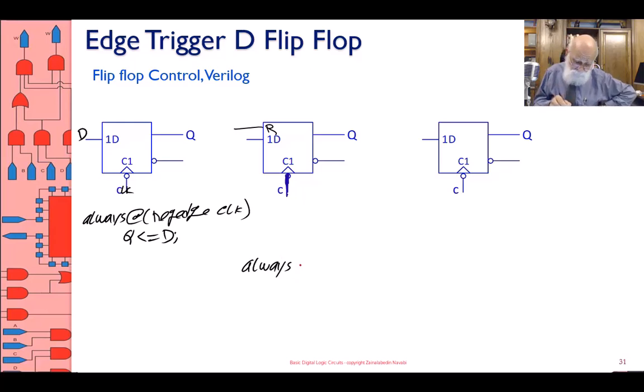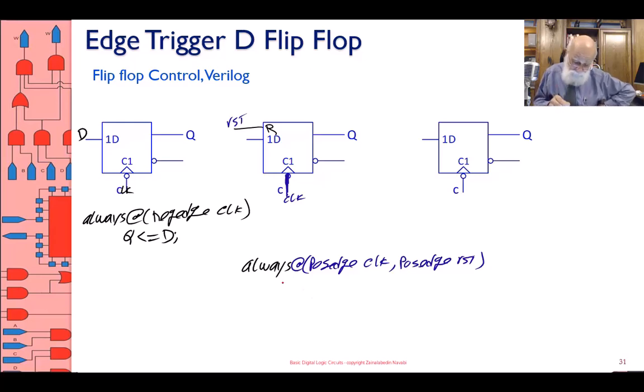So that becomes always on the pos edge of the clock, or when this is clock, this is reset, or when reset becomes 1, that means pos edge of reset.